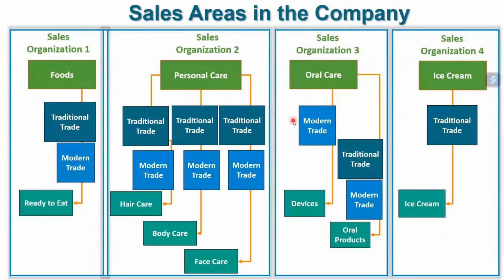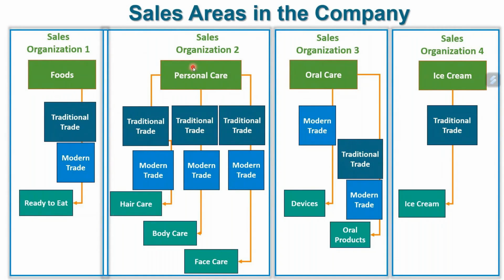Now these are some sales areas which we have made. Okay. So foods traditional trade ready to eat is one. Foods modern trade ready to eat is another. Because remember, it's a combination of sales org, distribution channel, and division. Okay. Similarly, personal care, traditional trade, hair care. Personal care sold through modern trade, hair care is the division.